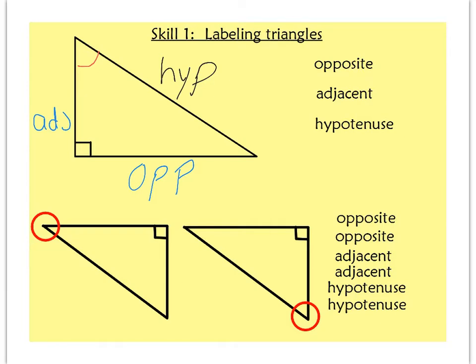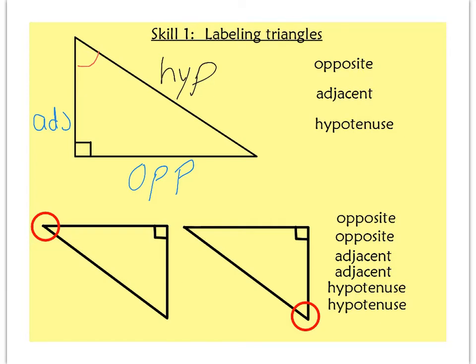So the hypotenuse never moves, but opposite and adjacent depend on which angle you're given. Opposite is always across the triangle from it, not touching that angle. Adjacent is always right next to it, touching that angle.